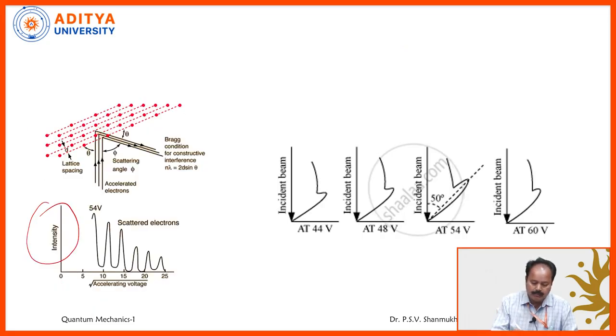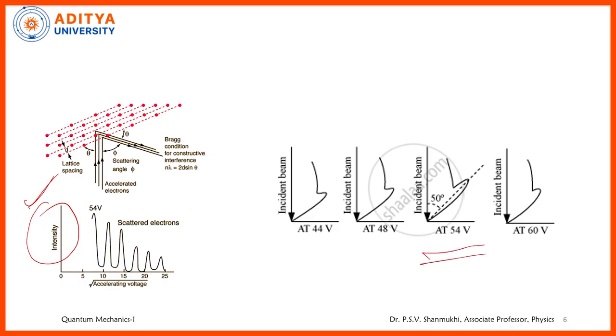Here, the electron beam intensity is taken on the y-axis and the glancing angle is taken along the x-axis. You observe that at a particular voltage, 54 volts, there is a considerable bump in the graph. In other cases, the bump is not that observable.